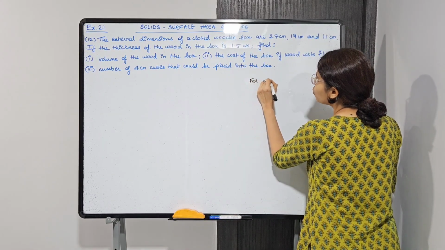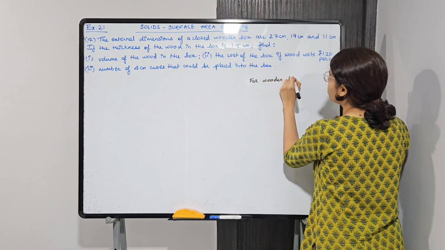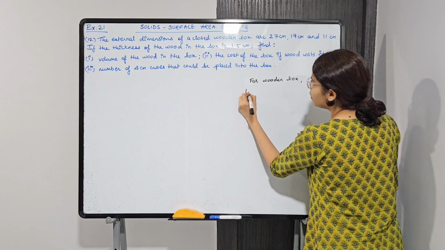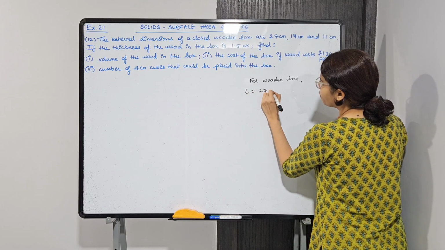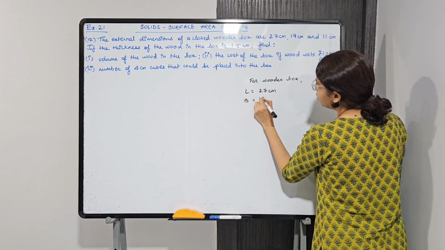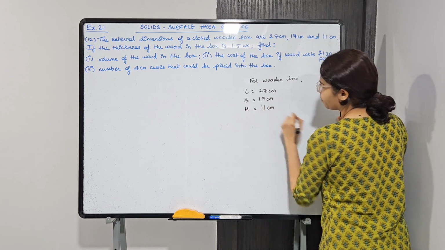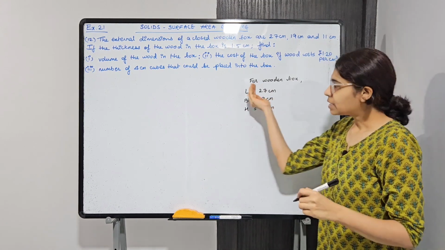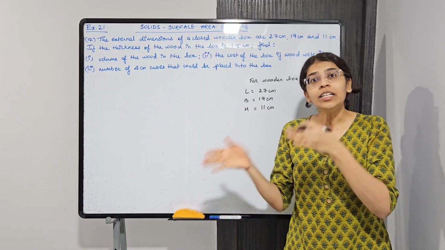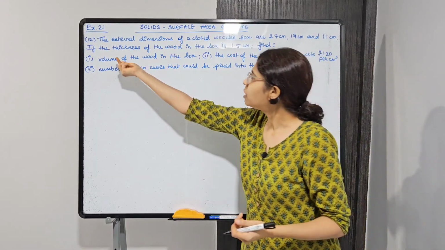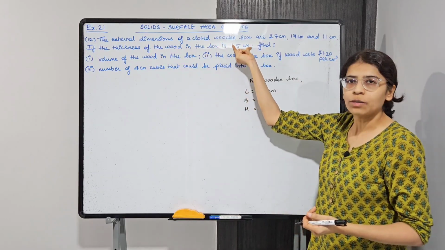First we'll see how to solve, students. Then we'll solve with proper steps. For the wooden box we are given external length, external breadth and external height. Internal length, breadth and height will be different because the thickness of the wood in the box is 1.5 centimeter.